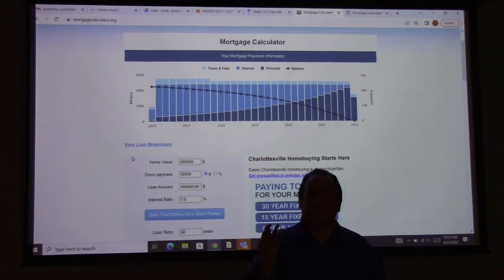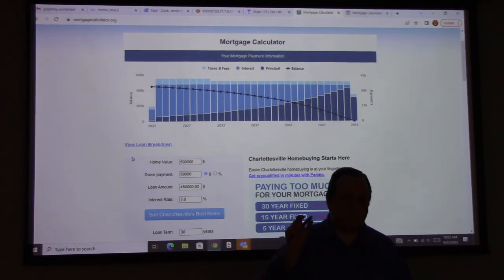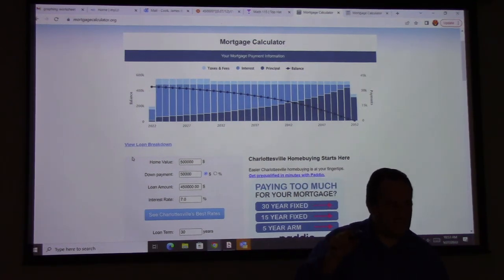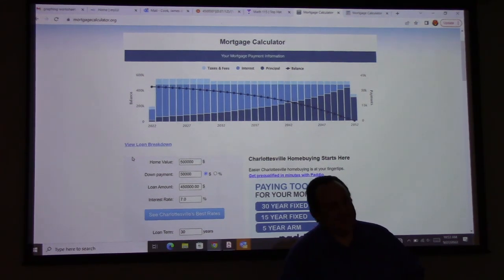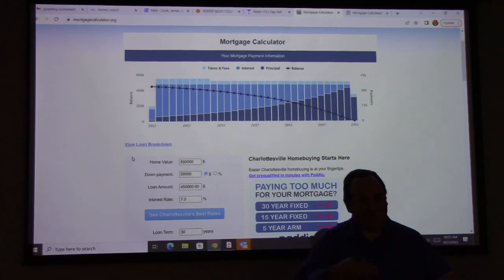If I could put $50,000 into my loan, towards future principal payments, I can save myself $150,000 worth of interest over the course of the loan. So paying ahead on a loan can save you stupid amounts of money. Now, of course, the ultimate example of this is save $500,000 and just buy the house outright. You pay no interest then, right?